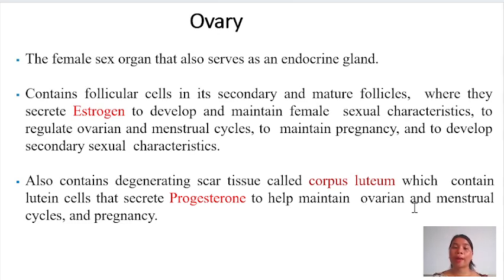Estrogen and progesterone are the two main hormones produced by the ovary, and these hormones are necessary for the development and also for the functions of sexual characteristics in a female.